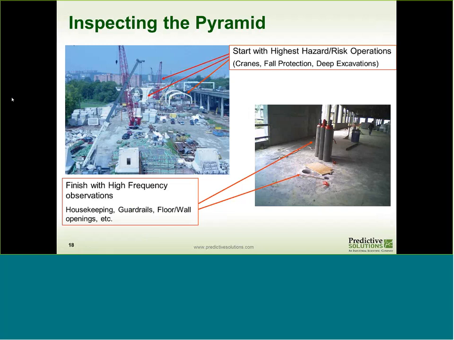If you have no set expectations ahead of time, if you haven't evaluated and studied your data to identify gaps or trends of what we need to focus on, at the very least, fall back to what I call inspect the pyramid. Start with the highest hazard first, and then go with the high frequency second.